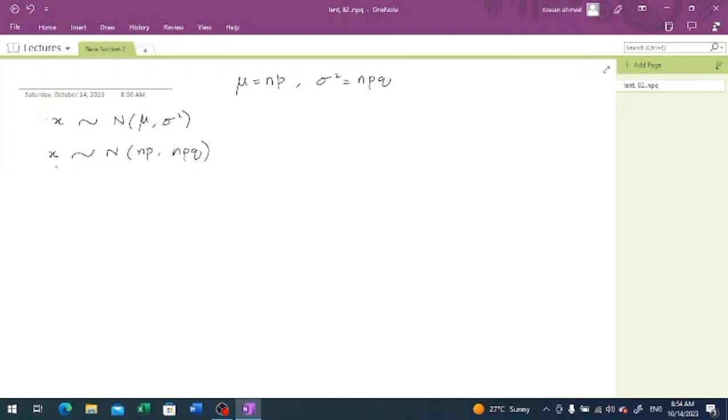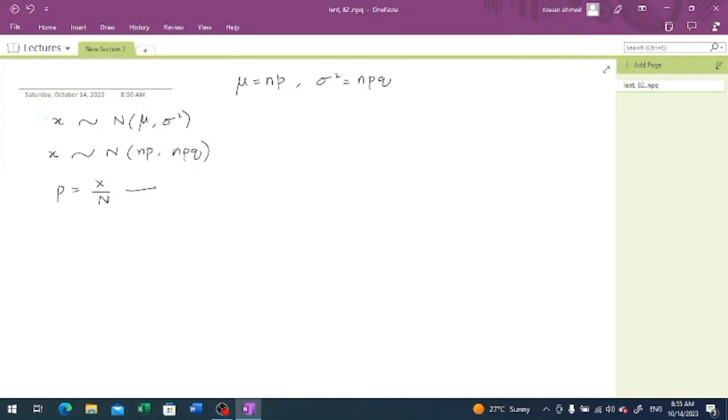This random variable we can define as P equal to X on n. Since I have used uppercase here, this is representing the population: uppercase X is the subject of interest in the population divided by the total number of subjects in the population.